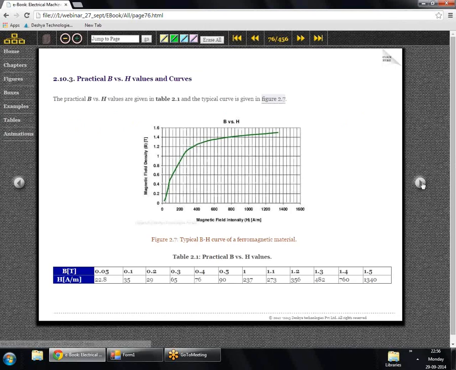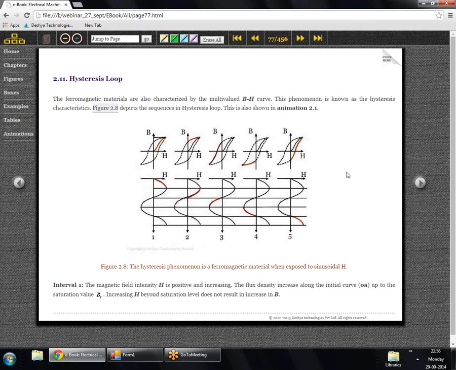Here in this figure we show a typical BH curve of a material. If we buy some ferromagnetic material, then the manufacturers usually supply the BH curve for that material, and a sample BH curve is shown here in figure 2.7.